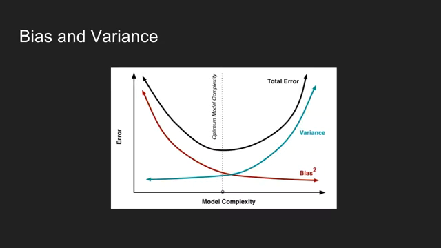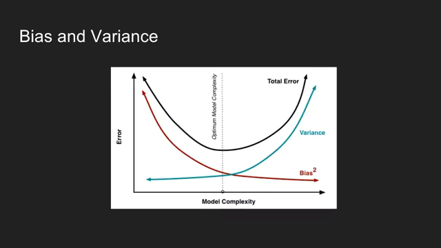This error is basically always present because the world is noisy, and so you can never get rid of it. But once you accept it, you can just deal with these two variables and reduce your total error as close as possible. And this is represented in this graph right here. So this total error graph is minimized basically when bias and variance are equal to each other.